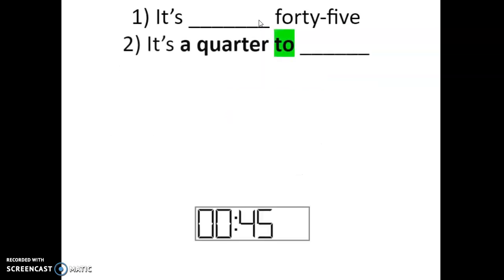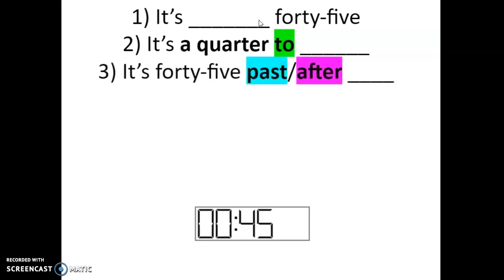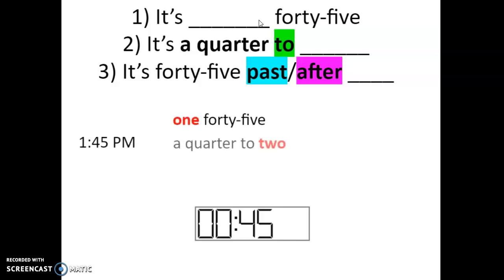In this case, we have the options it's 45, it's a quarter to the next hour, or it's 45 past or after the hour. So it's 1:45, it's a quarter to 2 because that's the next hour, it's 45 after 1.